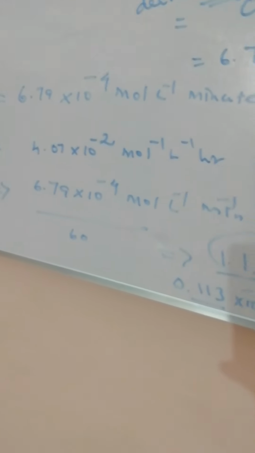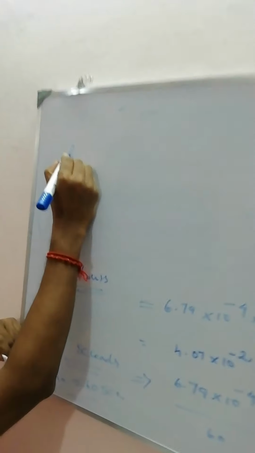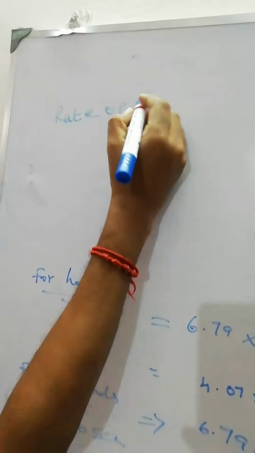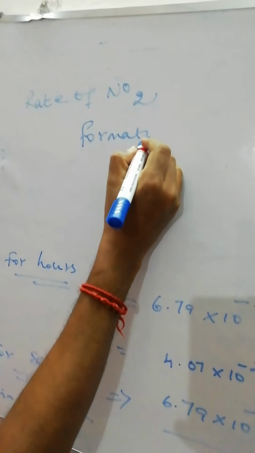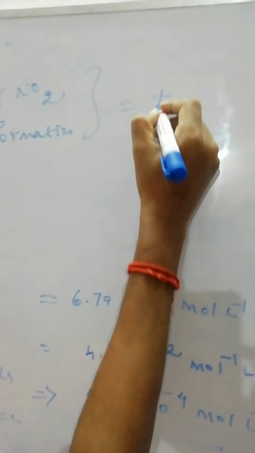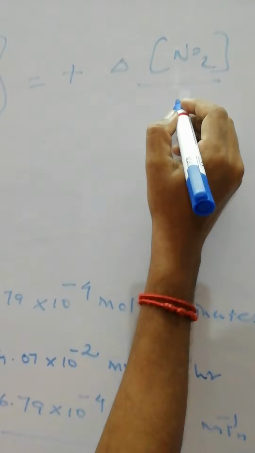Now I am going to find the rate of the product, rate of NO2 formation. Next is rate of NO2 formation, that is equal to plus delta NO2 by delta t.